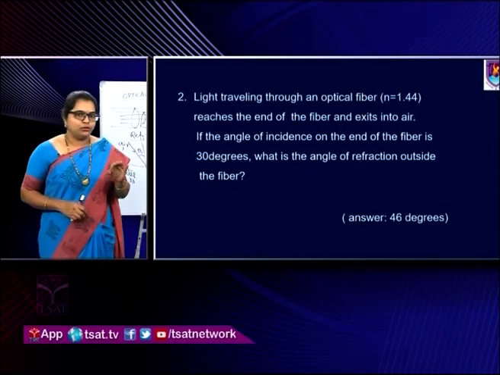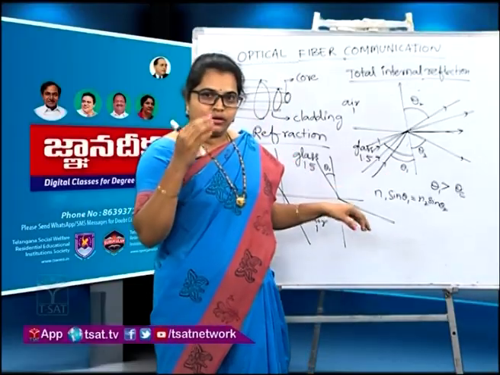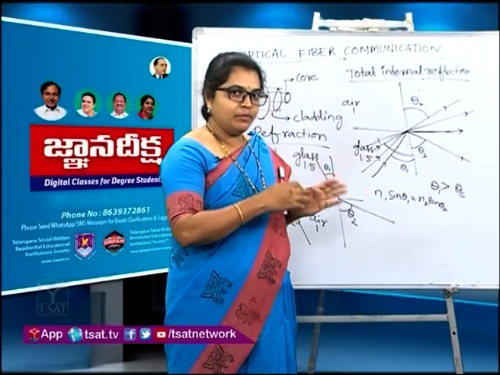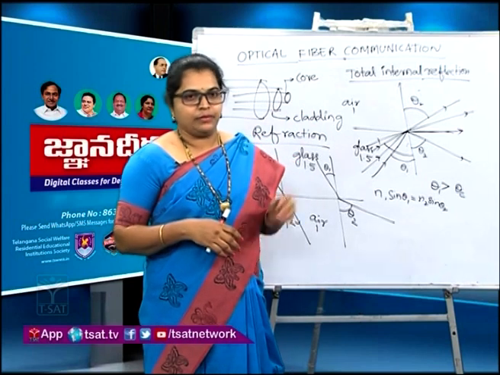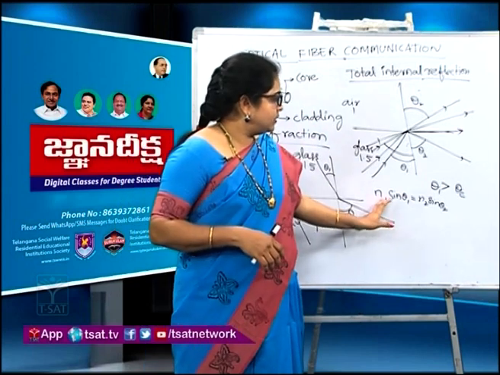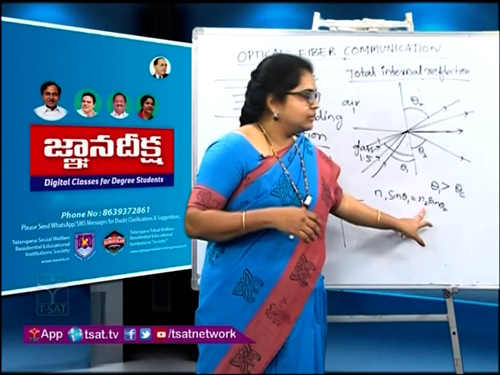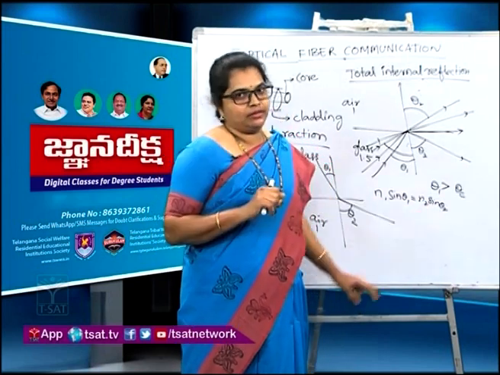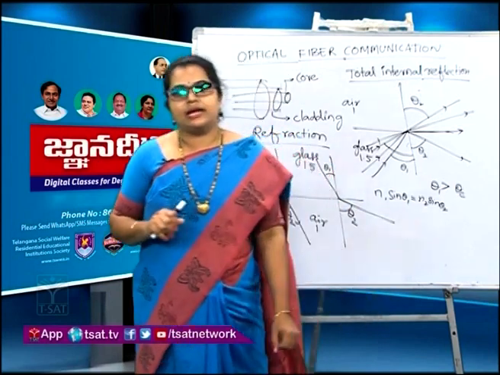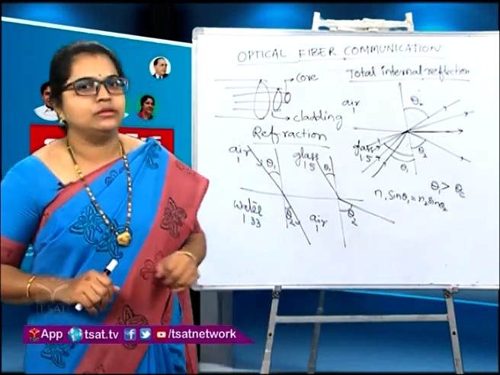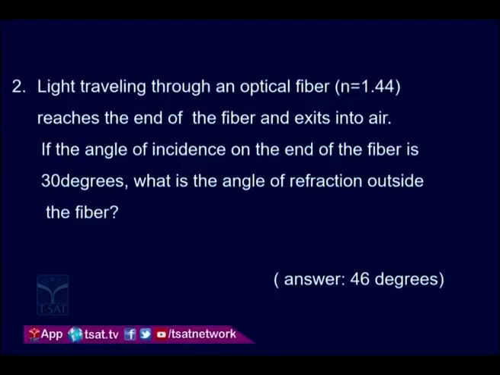See, you know, the light travels from optical fiber to air, means N1 is the refractive index 1.44 and the air refractive index is 1. And what is theta 1, the angle of incidence? Here it is 30 degrees. So you need to find theta 2, that is 46 degrees is the answer.